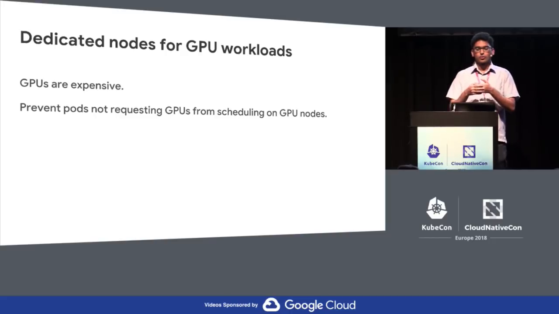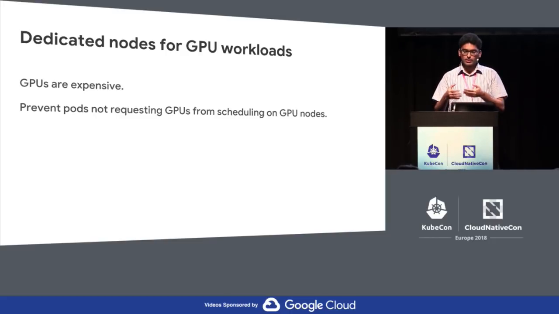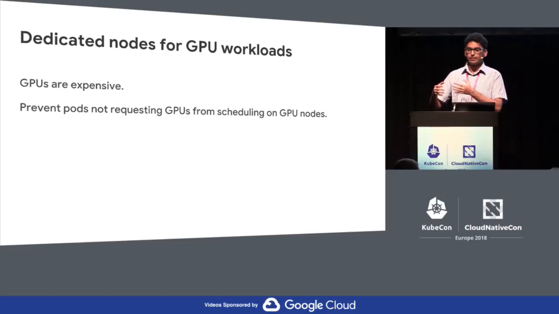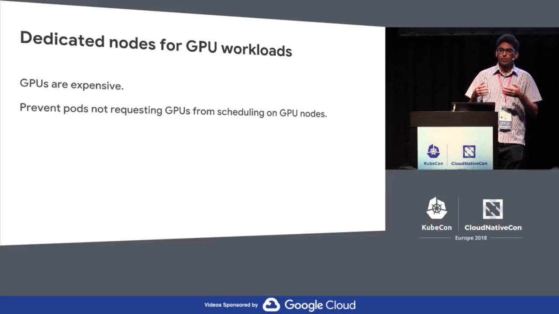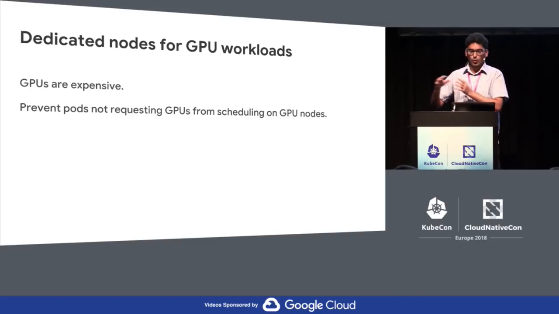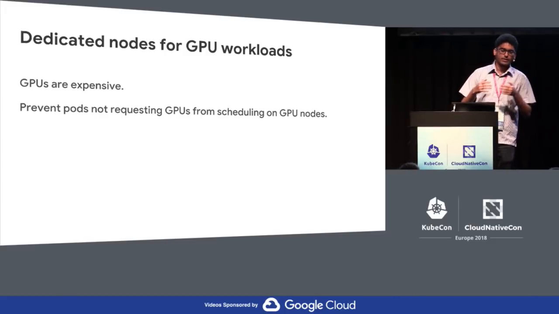This helps to make sure that when a pod which is actually requesting GPU arrives, there's some place to schedule it. Because if that GPU node is already busy running non-GPU workloads, then you will get into a situation where your GPUs are idle and your pods requesting GPUs are pending. And you don't want to be in that situation because that's just wasting money.